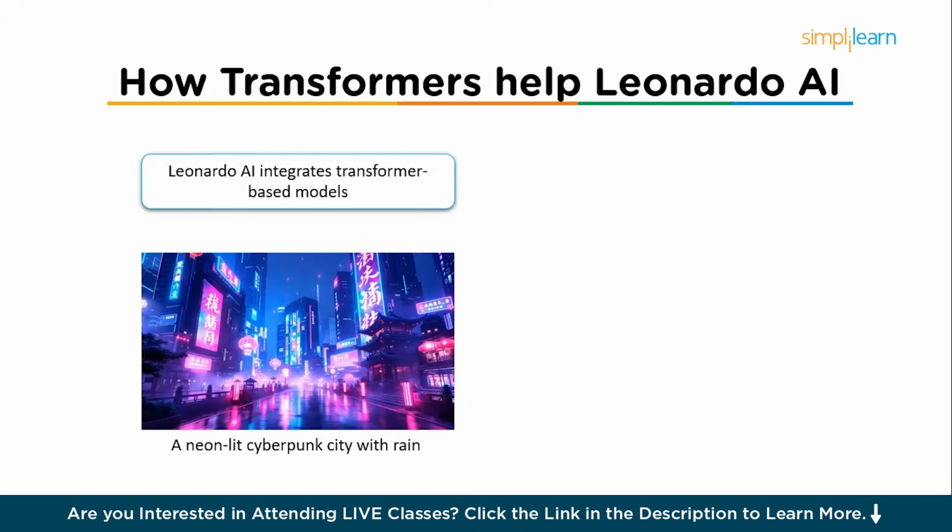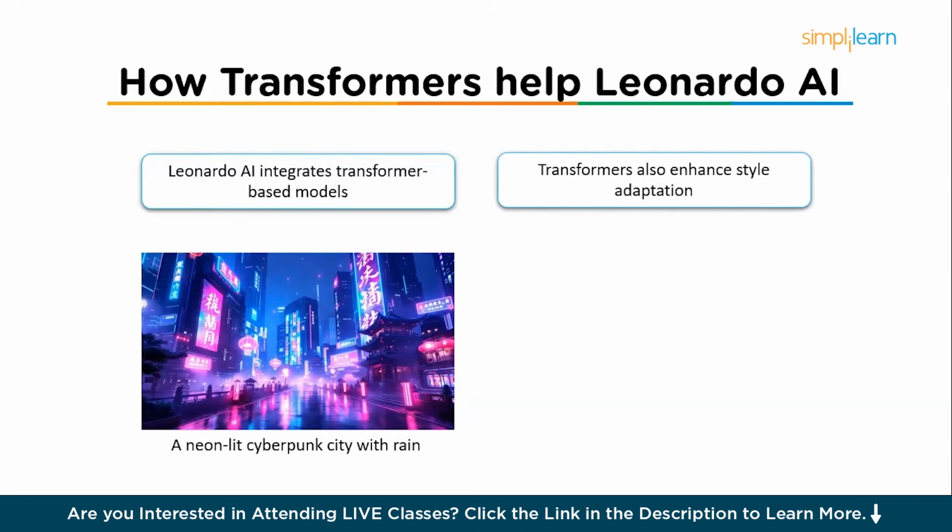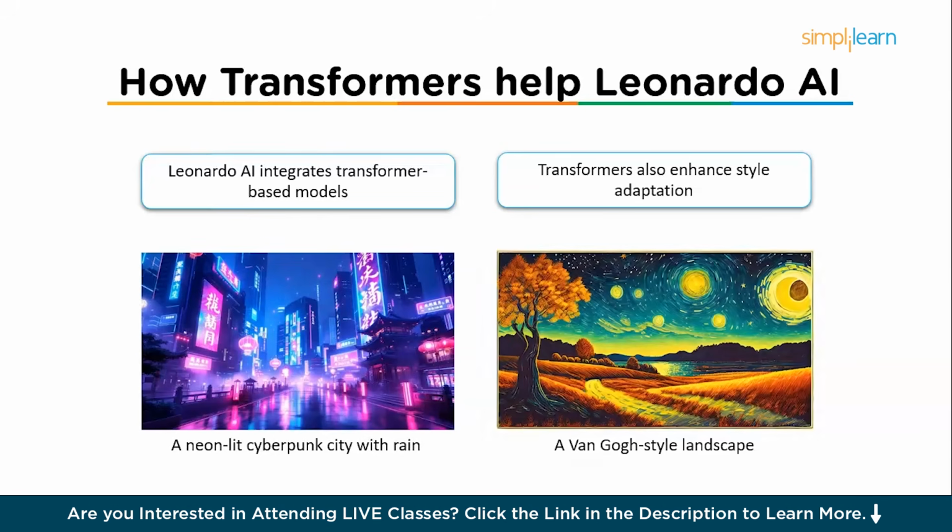Now moving on, transformers also enhance style adaptation. If a user asks for a Van Gogh style landscape, the AI understands the painter's characteristic brush strokes and color palette, applying them accordingly. GPT further assists in rewording and structuring prompts, ensuring Leonardo AI generates the most relevant visuals.